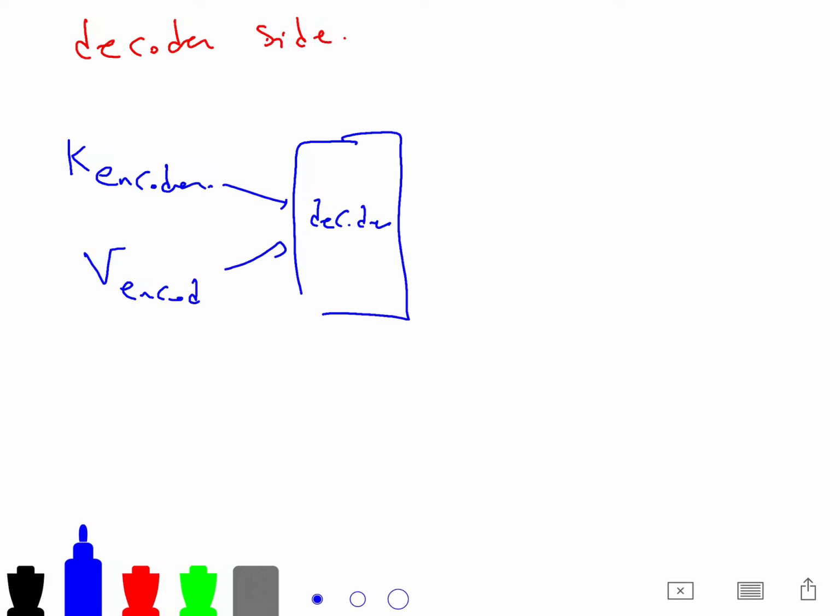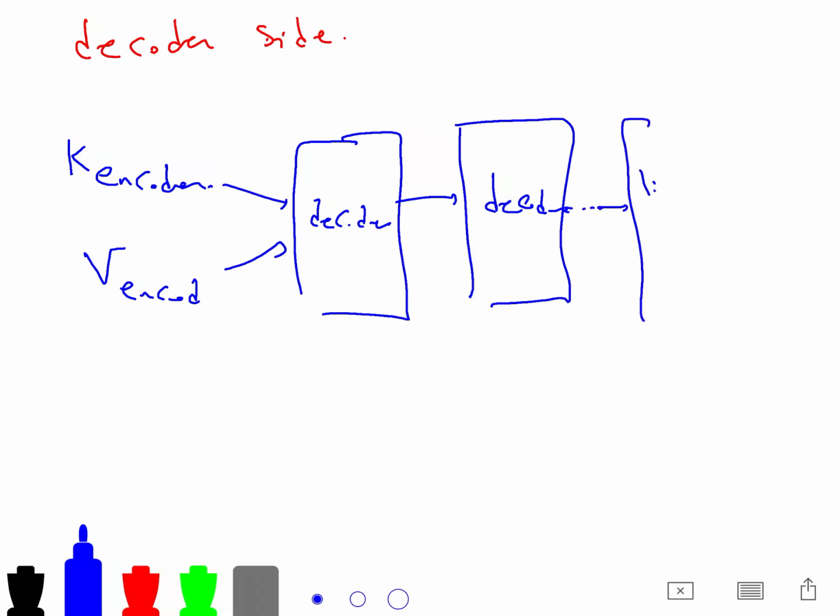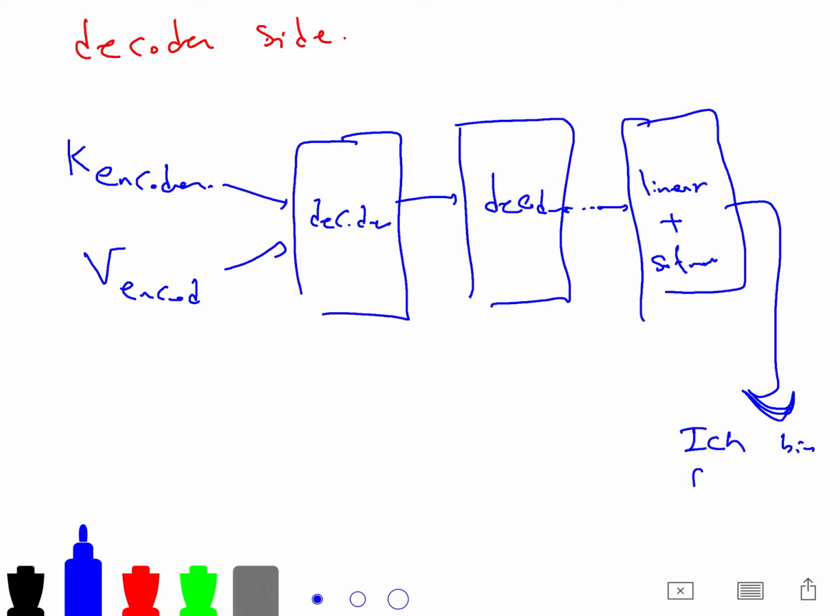Because it's a stack, you just put another decoder, lots of decoders, and finally you pass it to a linear plus softmax. And what you receive is the German translation. So it becomes Ich bin Farshad. For example, you give English, I am Farshad, and then it does the opposite thing.